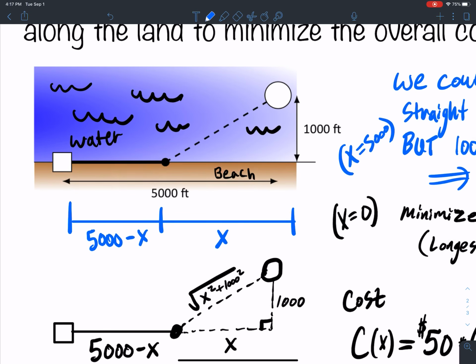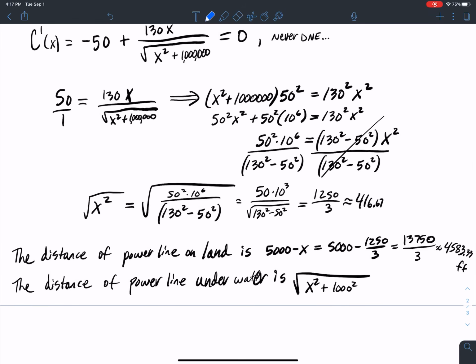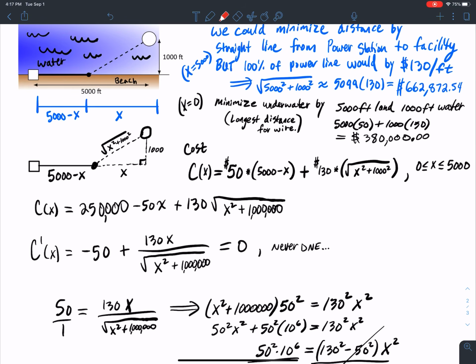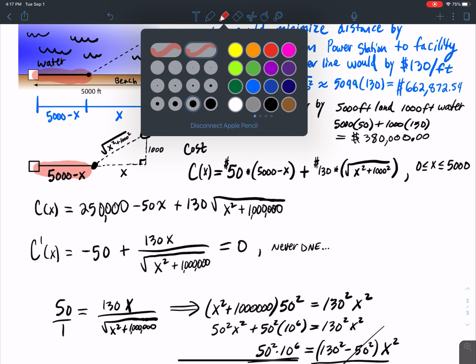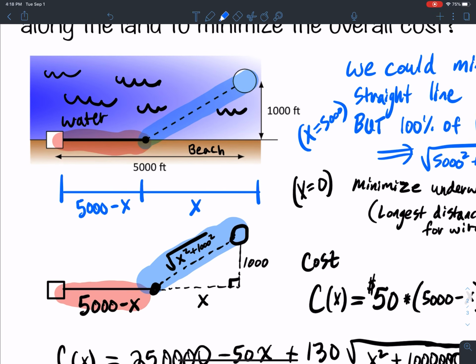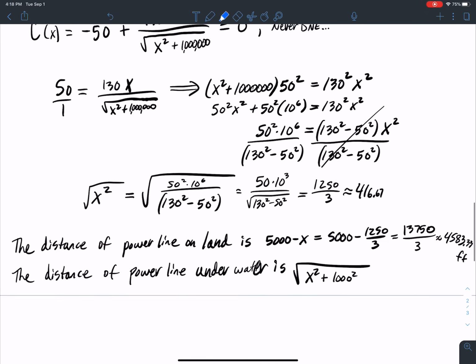Golly, is that even going to make a difference? Let's see. So the distance of a power line underwater is what? Well, we already determined that. See, this was on the land, right? On the water, though, was this distance here. So that distance is the square root of x squared plus 1,000 squared. Okay, so the distance under water is this distance here.